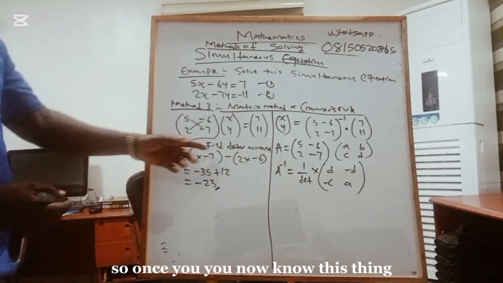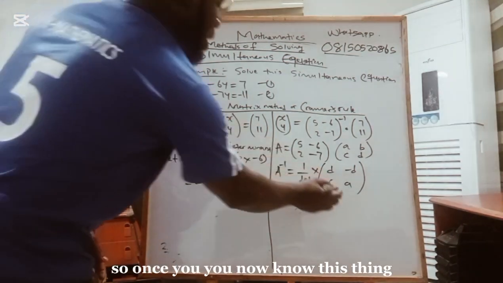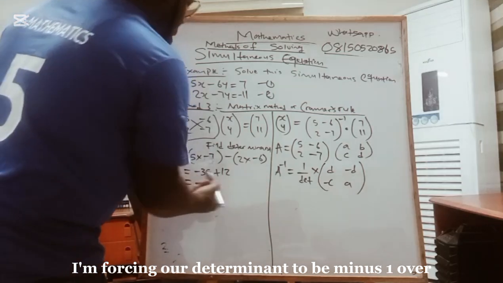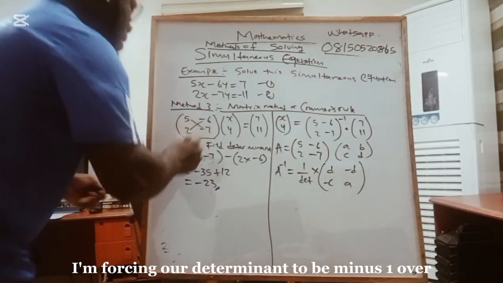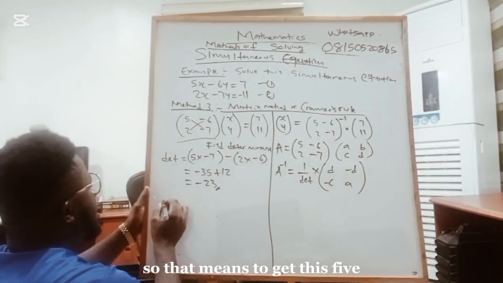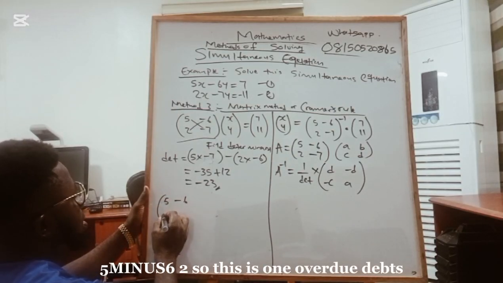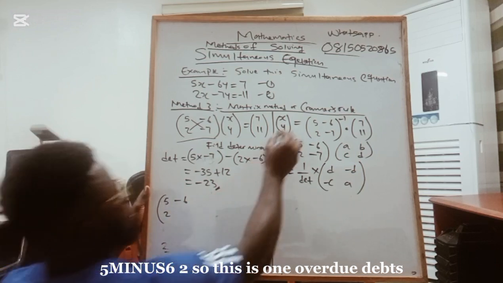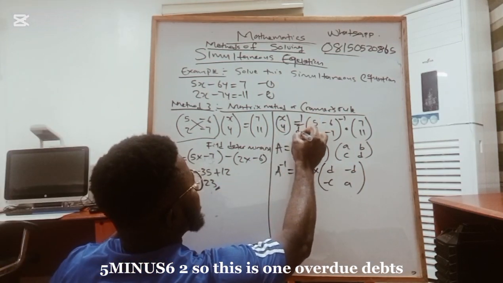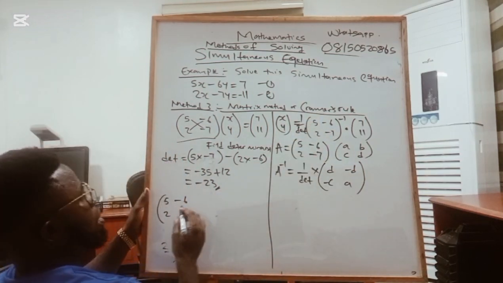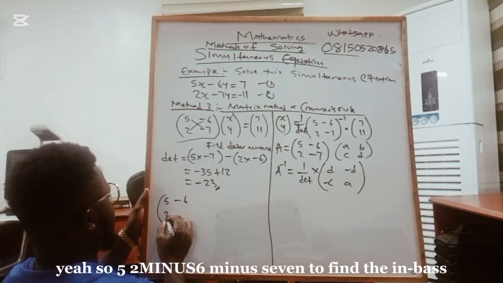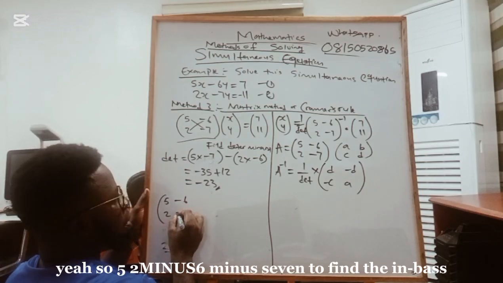So once you now know this thing, and we've gotten our determinant to be minus 23, so that means 1 over, to get this, 5 times 2 minus 6 times 7.